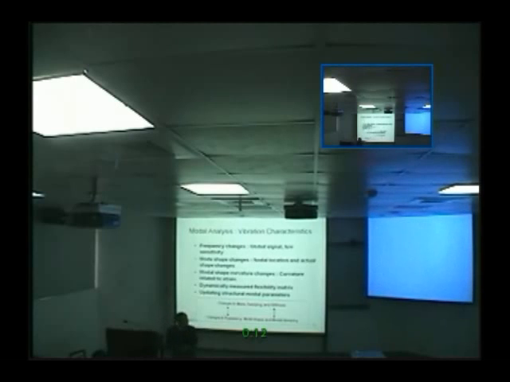Modal analysis actually is looking for the vibration characteristic. They try to look for frequency change. Each member has its characteristic of vibration.